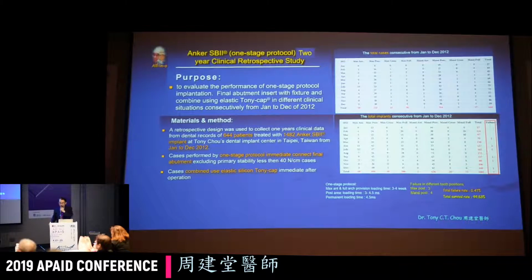My personal experience: in 2012, I made a retrospective study about this one operation protocol in my clinical cases. Under the one-stage protocol, one abutment one time, we place the final abutment at the time of surgery, and we exclude cases with initial stability less than 40 Newton per cm, and we also use the Tony cap.